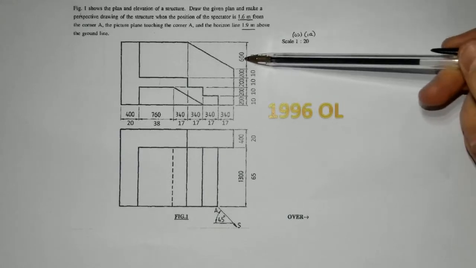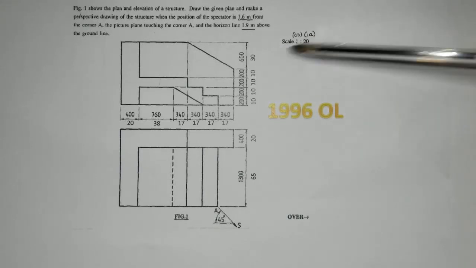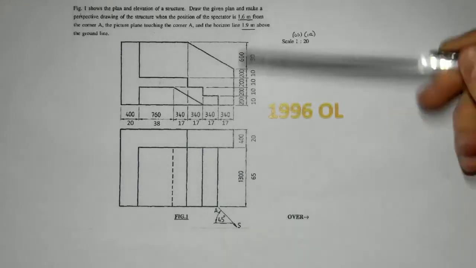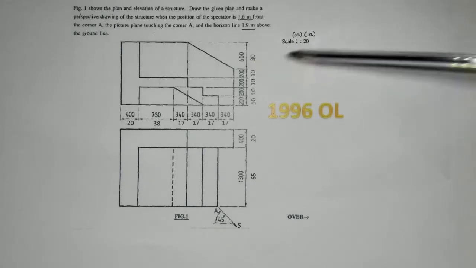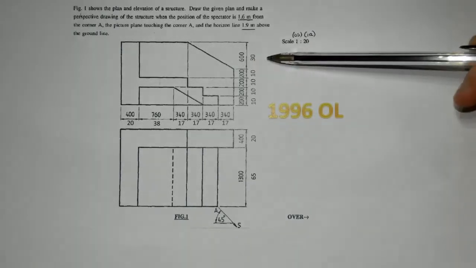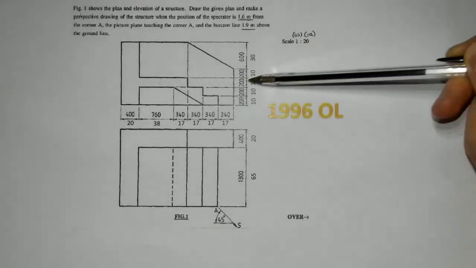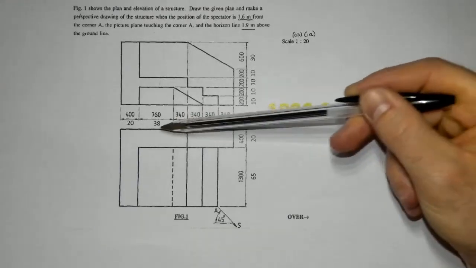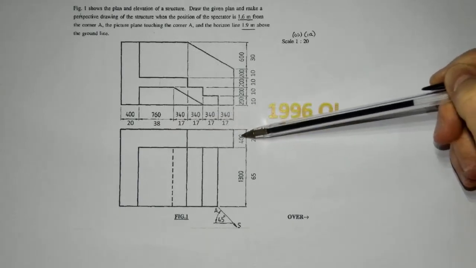Essentially we divide up: 600 divided by 20 gives us 30, so that's 30 millimeters for our sheet scale. 600 millimeters in reality divided by the 20 gives us the 30 millimeters on our sheet. Likewise 200 divided by 20 is 10 all the way along here, and the same with all these 340, and as you can see there 20, 38, 17, 17, 17 and so on, and then 400 and so on.